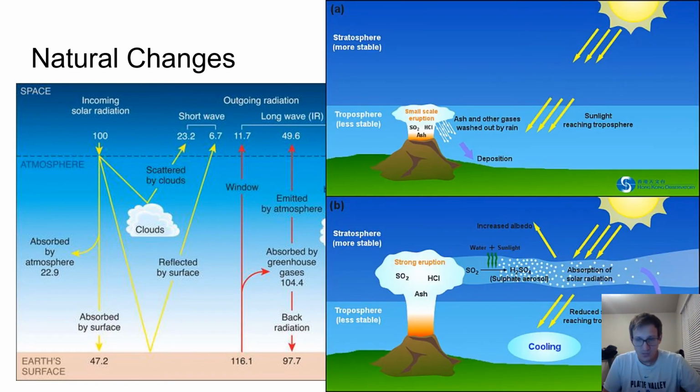Now, where volcanoes come in is when they erupt and they emit gas and all of this ash into the atmosphere. They're effectively putting these greenhouse gases into the atmosphere, and it can block out the radiation coming in from the sun. Whereas a lot of people might think it's trapping the heat from leaving the earth, it actually does the opposite.